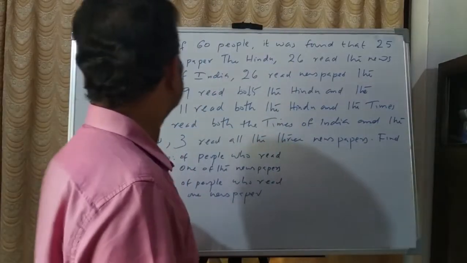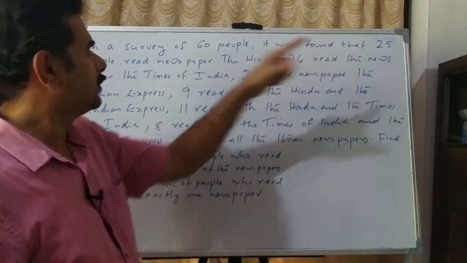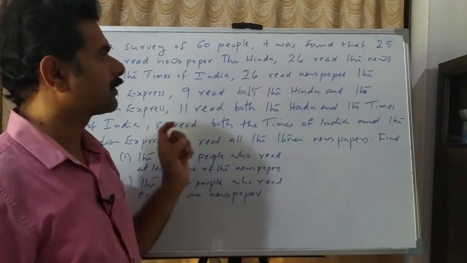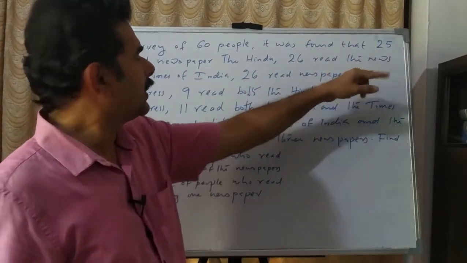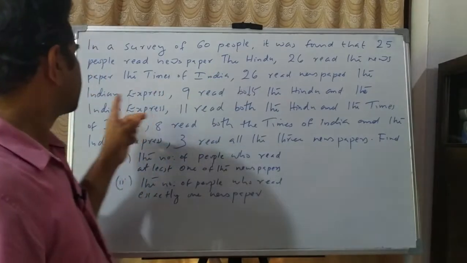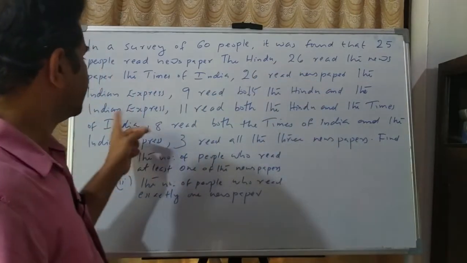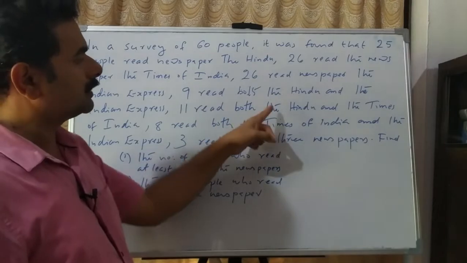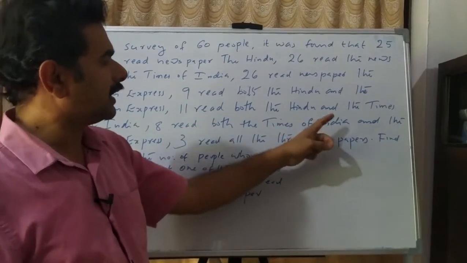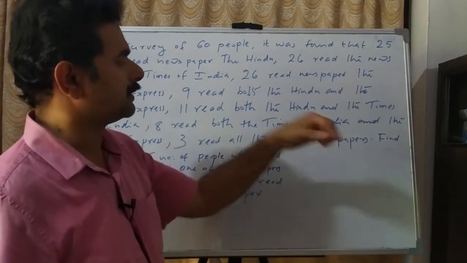See this question. In a survey of 60 people, it was found that 25 people read the newspaper The Hindu, 26 read The Times of India, 26 read The Indian Express, 9 read both The Hindu and The Indian Express, 11 read both The Hindu and The Times of India, 8 read both The Times of India and The Indian Express, and 3 read all 3 newspapers.